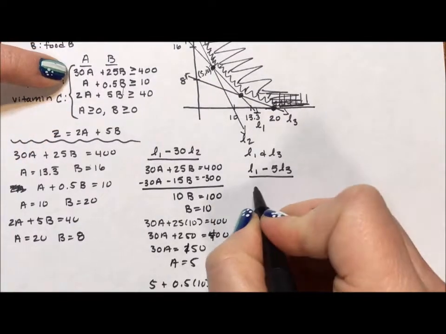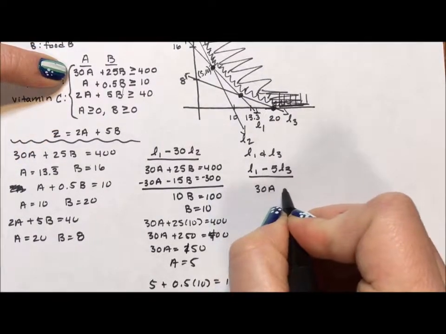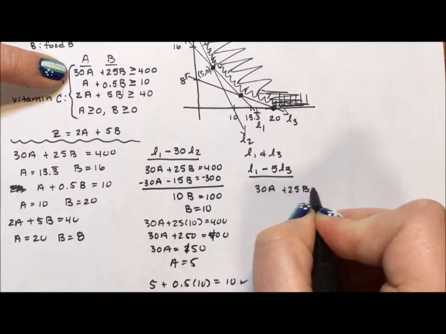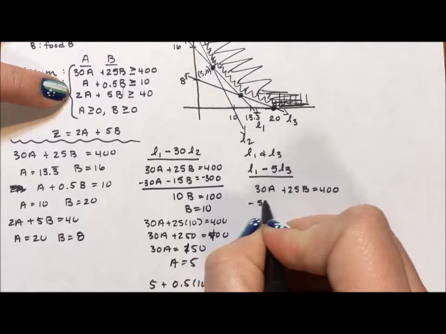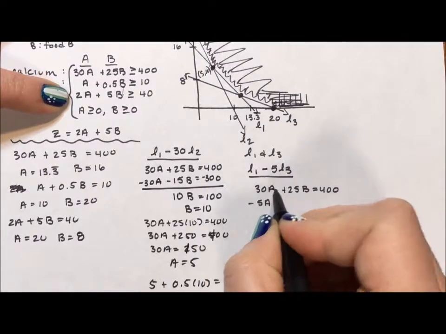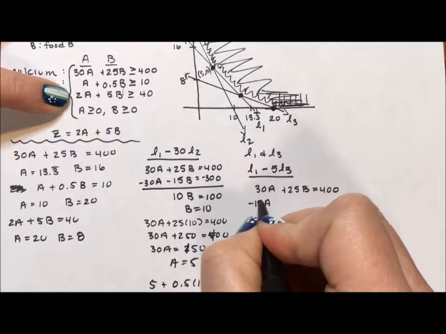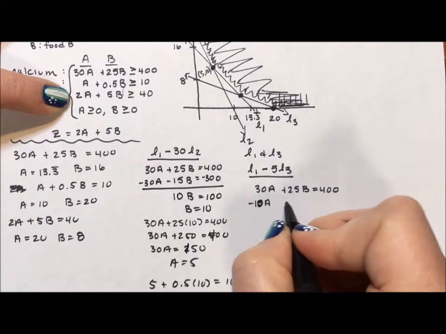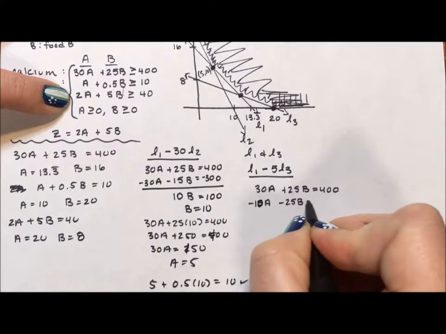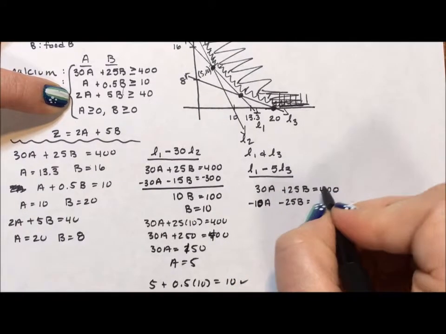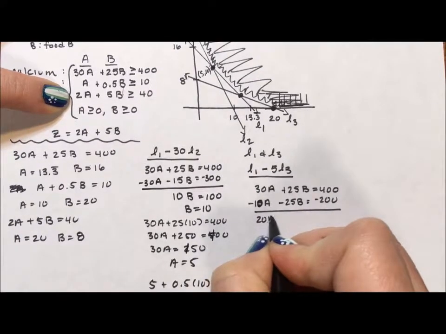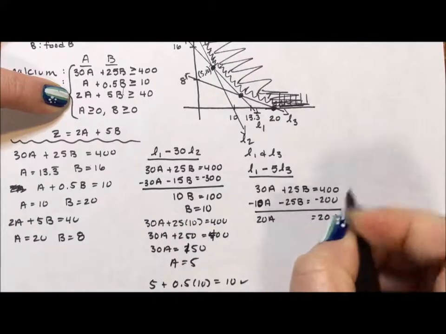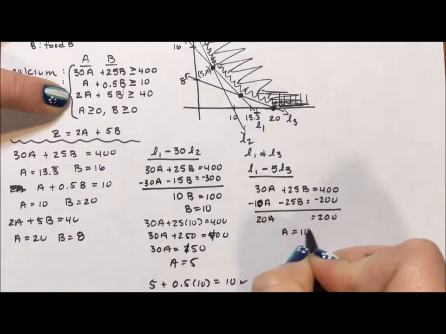Okay, so line 1 is 30A plus 25B equals 400, and then negative 10A minus 25B equals negative 200. When I add down, I get 20A is equal to 200, or A is equal to 10.